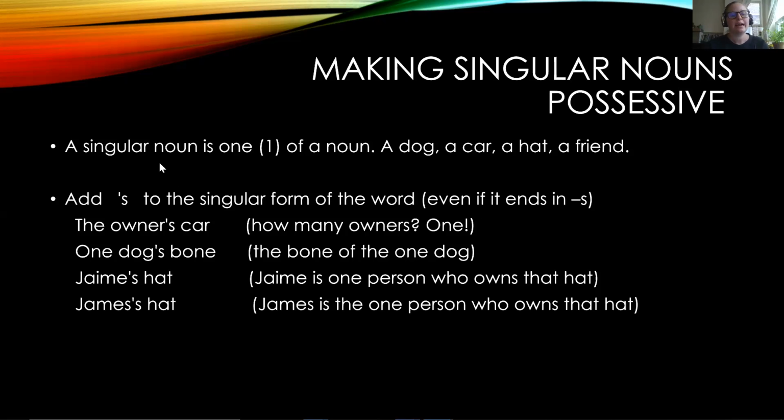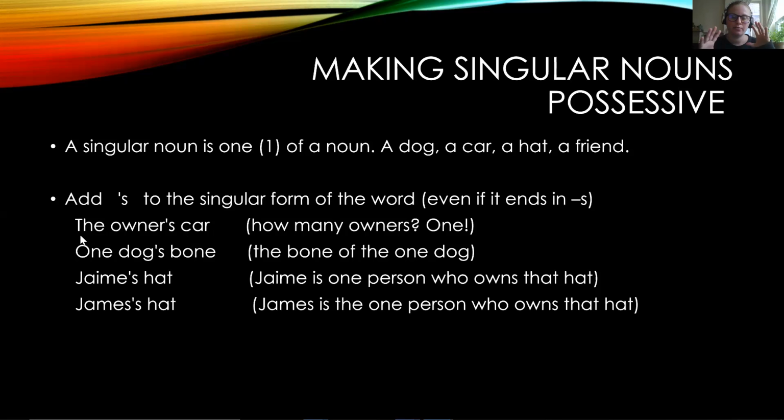So we're going to add apostrophe S to the singular form of the word, even if that word ends in S. So let's start with "the owner's car." There's one owner, and we know this because of the word "the," but that won't always apply.